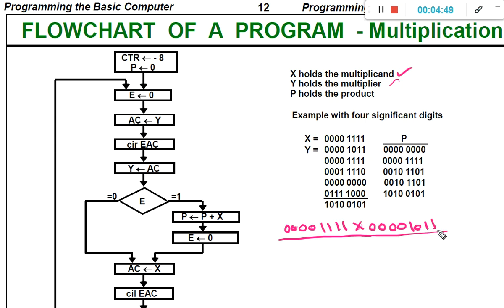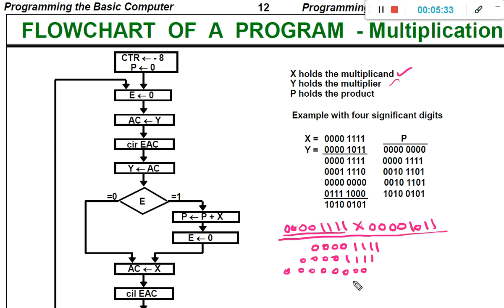Whenever there is a 1, we have to write the multiplicand. 1 into multiplicand gives 0 0 0 0 1 1 1 1. Once again there is 1, so 1 1 1 1 0 0 0 0. Next there is 0, so 0 0 0 0 0 0 0 0.